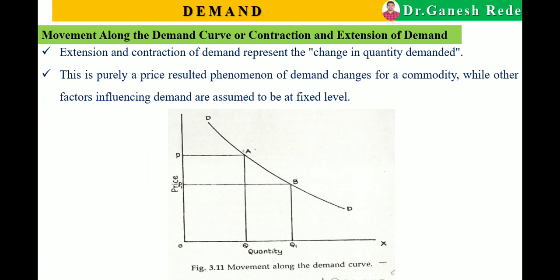So the price decreases, but the quantity increases from Q to Q1. That is the extension of demand, meaning you are purchasing more quantity at a lower price.